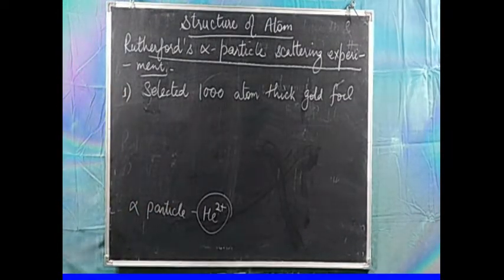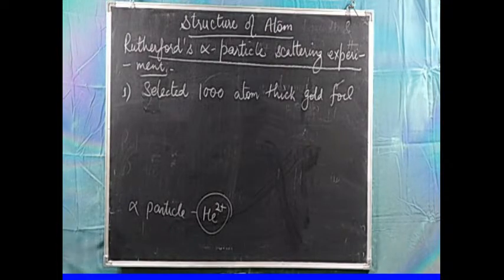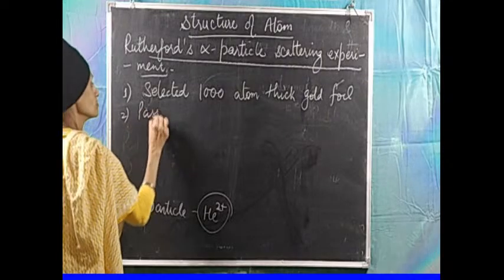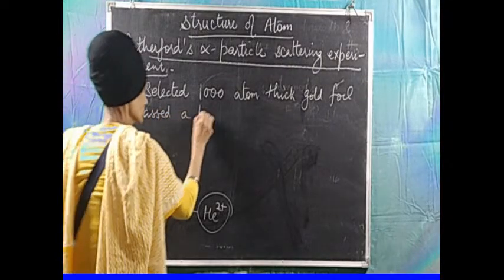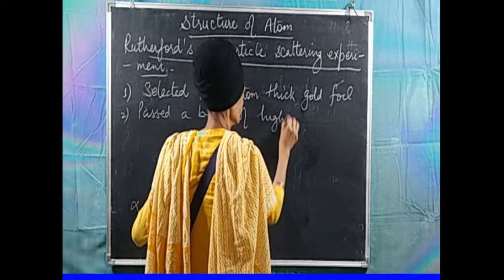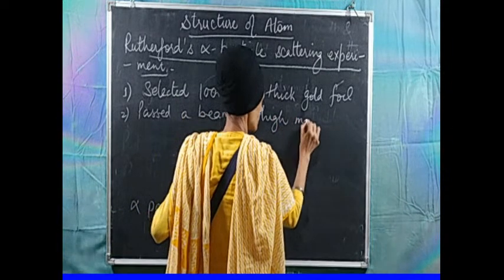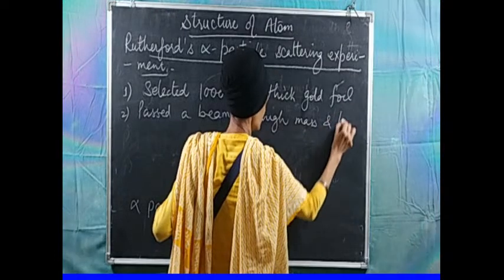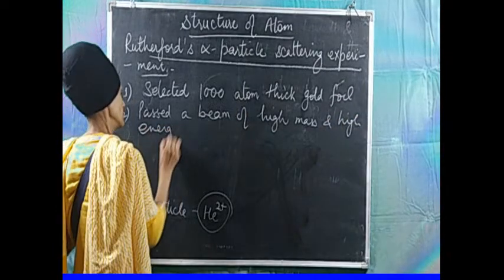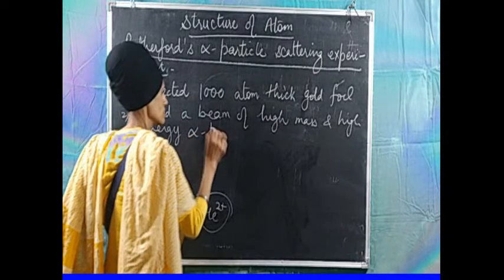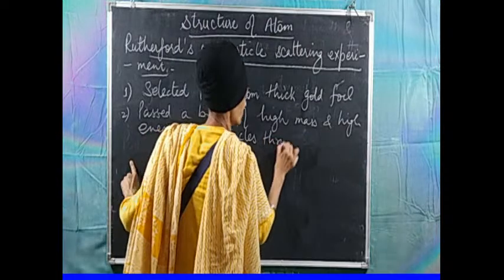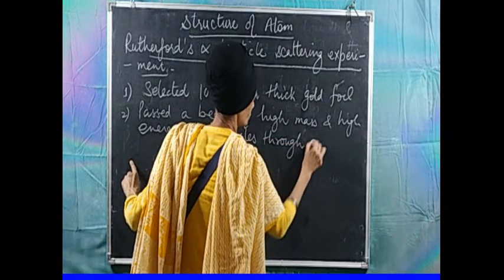He took the gold foil, then passed a beam of high mass and high energy alpha particles through it, through gold foil.